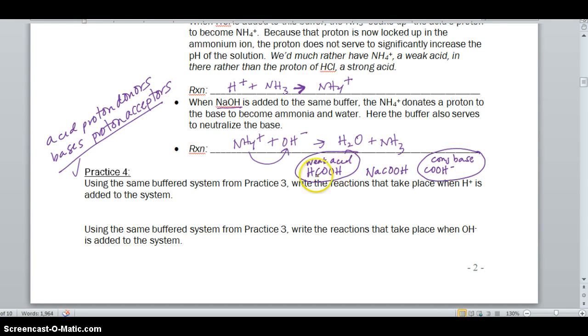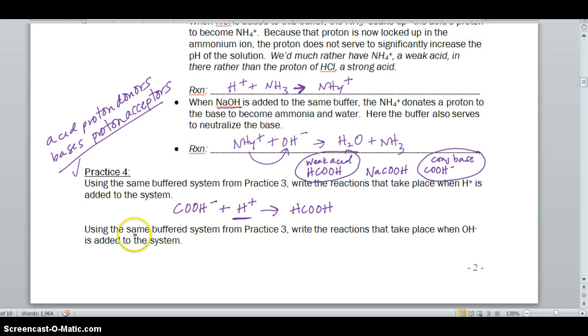Well, the weak acid is not going to do anything with it, but the conjugate base of that weak acid is going to be able to do what with that H plus? Well, it's just going to pop it on, and that'll be a sink for the H plus. So yes, we're generating an acid, and yes, the pH will drop a little bit, but it's not going to be the huge dramatic change we would see if we just added the H plus to water.